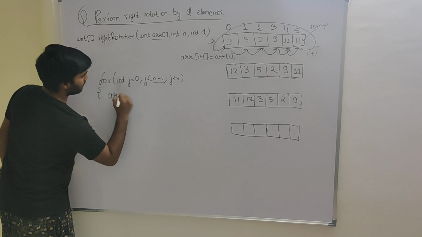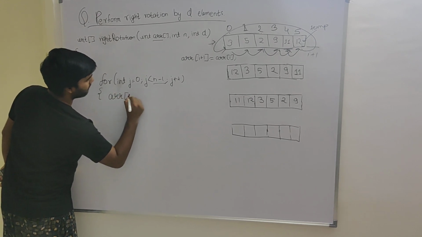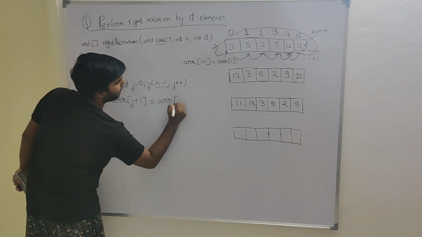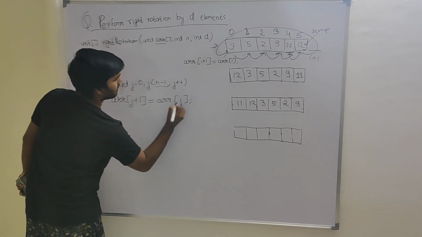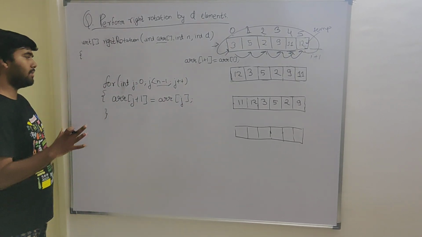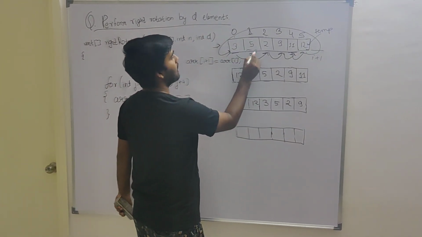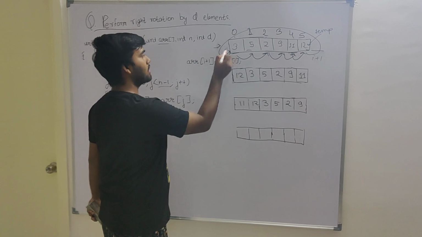The basic statement which we use over here is replacing the next element by the previous element. This will be okay, but the first element and second element will be repeated because the first element is not altered.